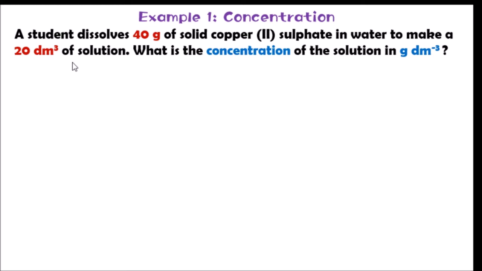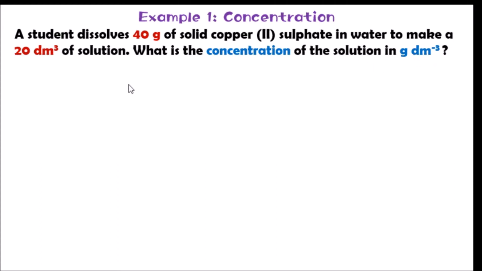So now look at this question. What is the information you have? First is 40 grams of solid copper(II) sulfate. You need to dissolve it in water to make 20 dm³ of solution. The question is to find the concentration of the solution in gram per dm³.